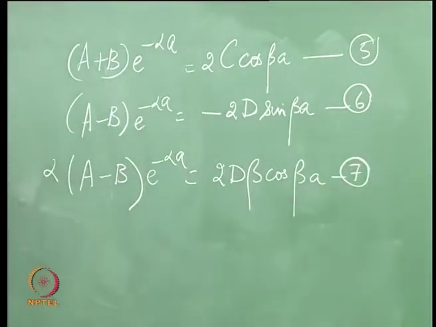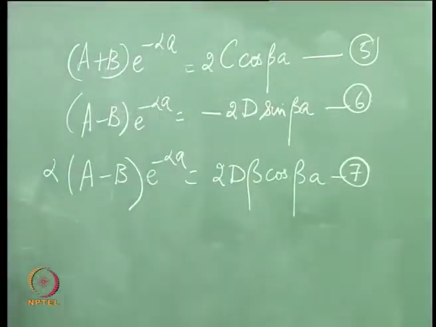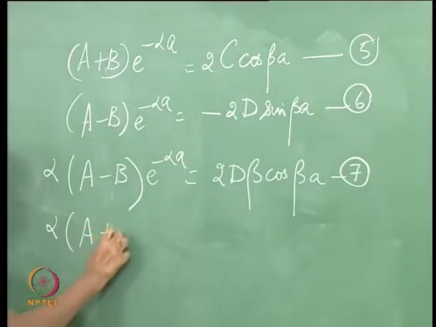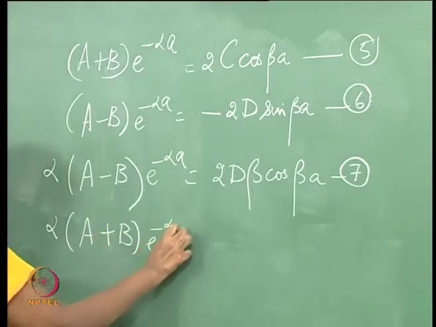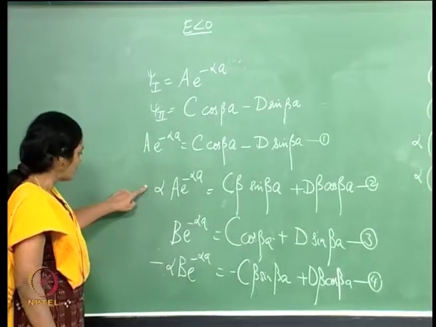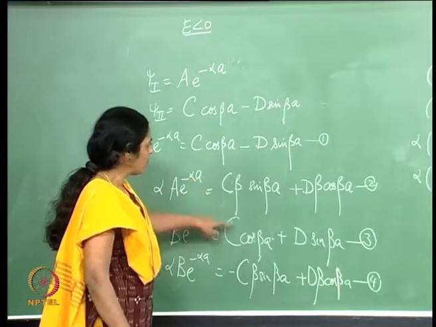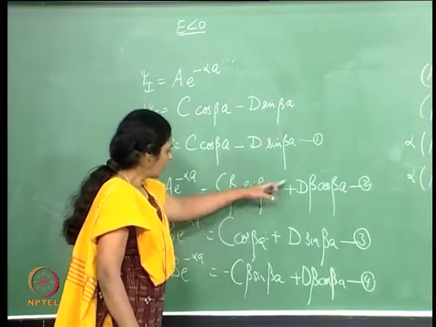So that is equation 7. The last equation that I need comes by subtracting one from the other, and therefore I have alpha A plus B e to the minus alpha a. So I subtract 4 from 2 here. When I subtract, I have 2C beta sin beta a, and the D term goes.